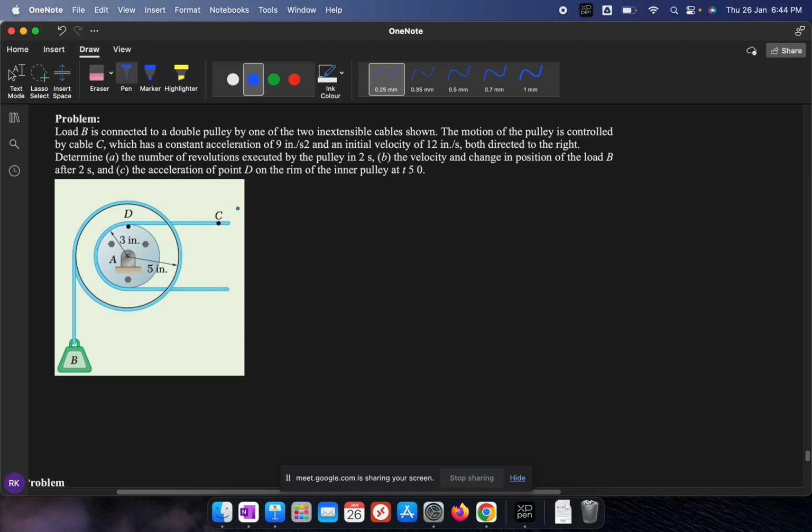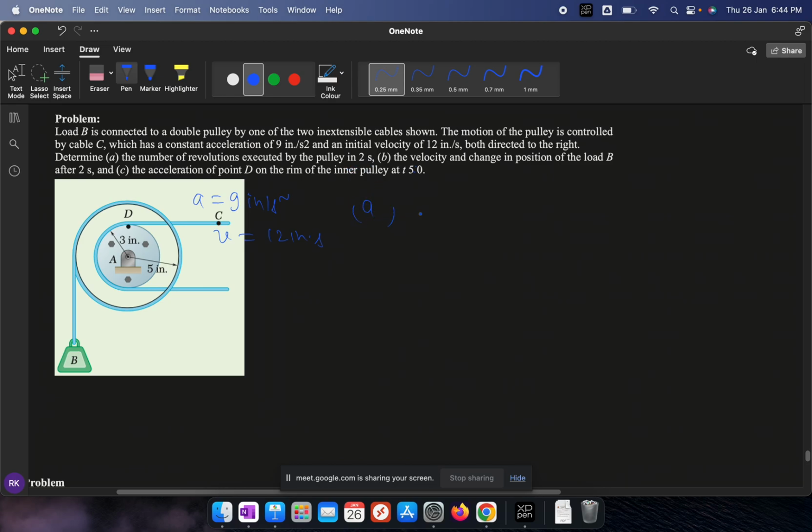So the acceleration of this is 9 inch per second square, and the initial velocity is 12 inch per second, both in the same direction. Now it is asking the number of revolutions executed by the pulley in 2 seconds.